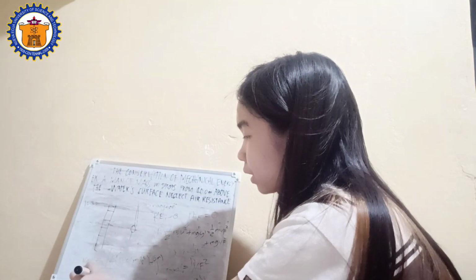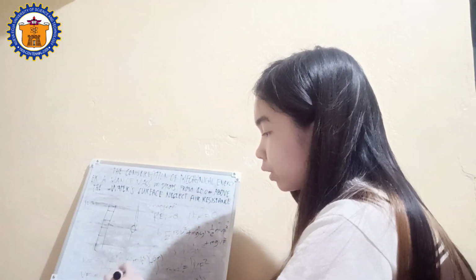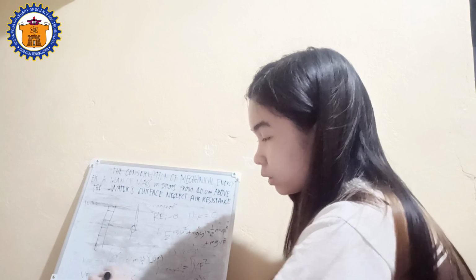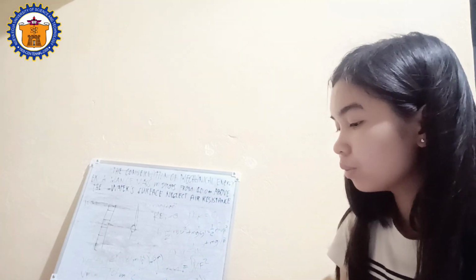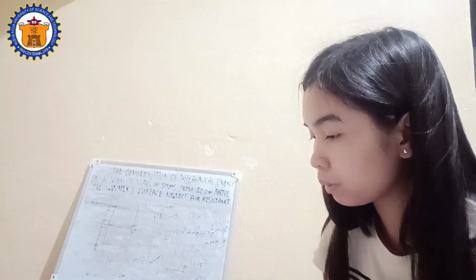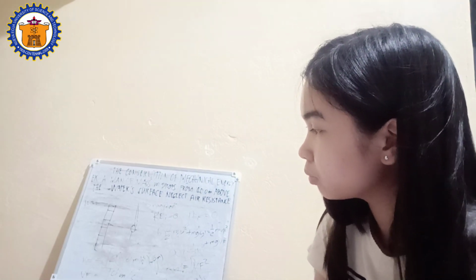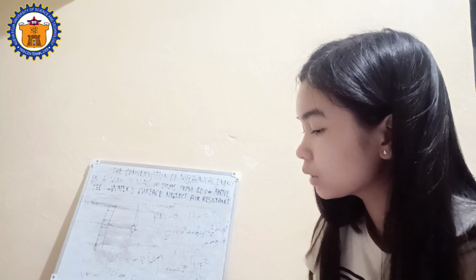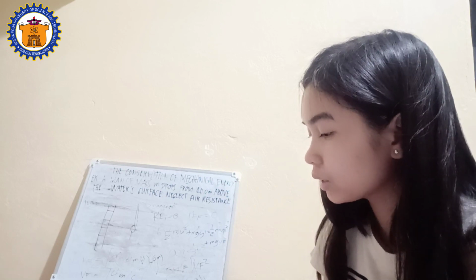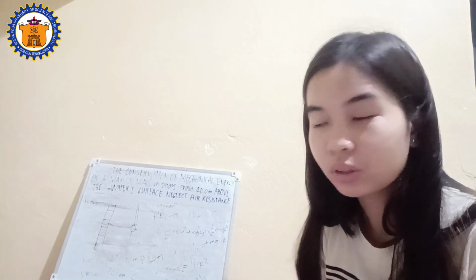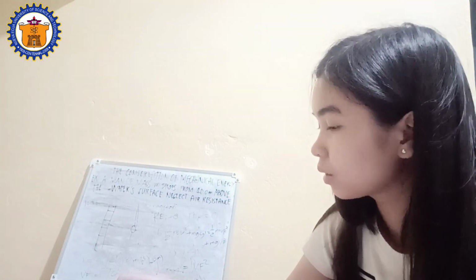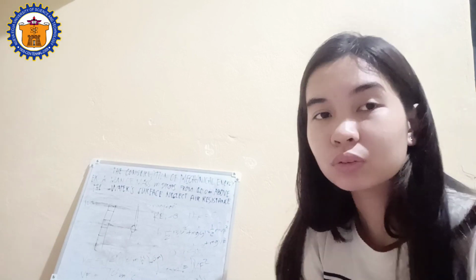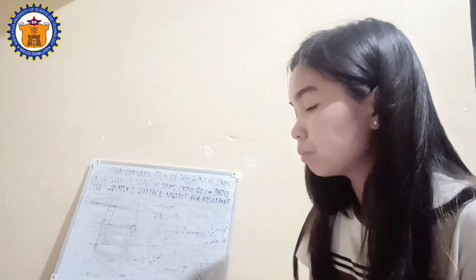So, our final velocity now is equals to 14 meter per second. So, ito ngayon yung velocity or yung speed na hinahanap sa letter B question as the diver hits the water, with ganitong kabilis na speed, which is equals to 14 meter per second.